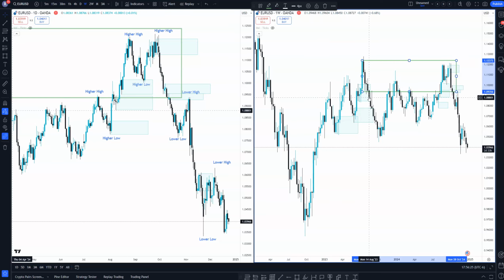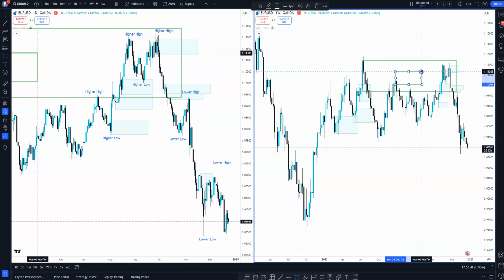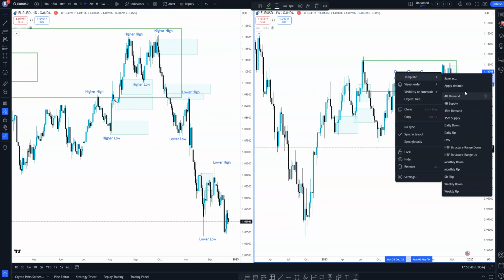But also within these smaller movements, we can have order blocks within there too. So we're on the weekly still. We have this movement here, we went down, so this was the original one. I just want to change this back to the daily templates.